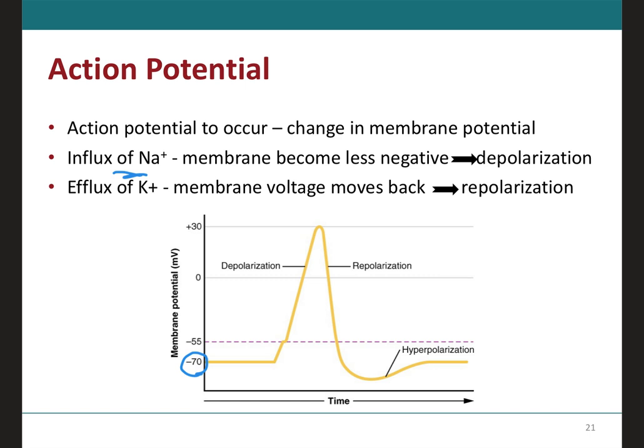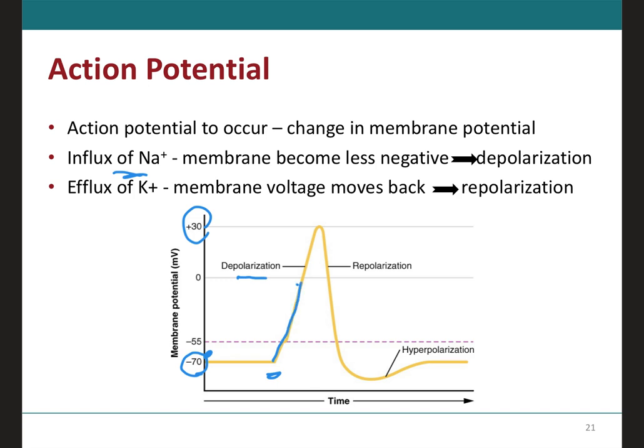So the sodium cations entering the cell will cause it to become less negative, and we can see over here as it goes from minus 70 to plus 30. And this is known as depolarization, meaning that the membrane potential moved towards zero.